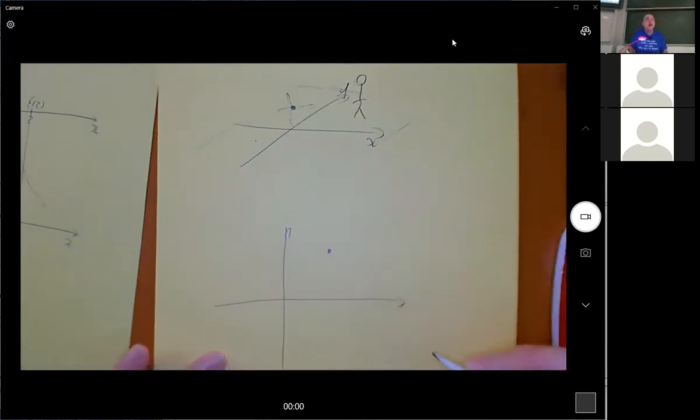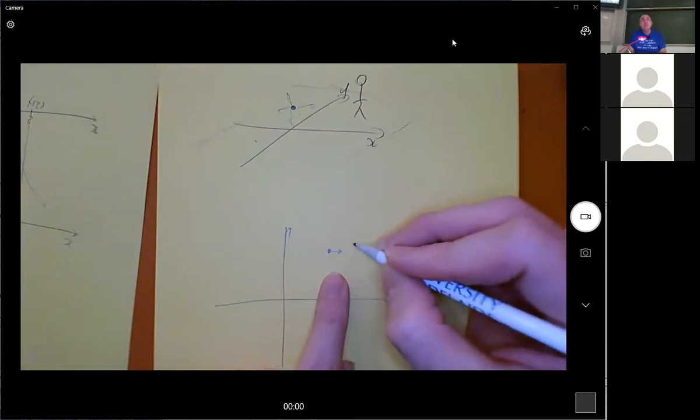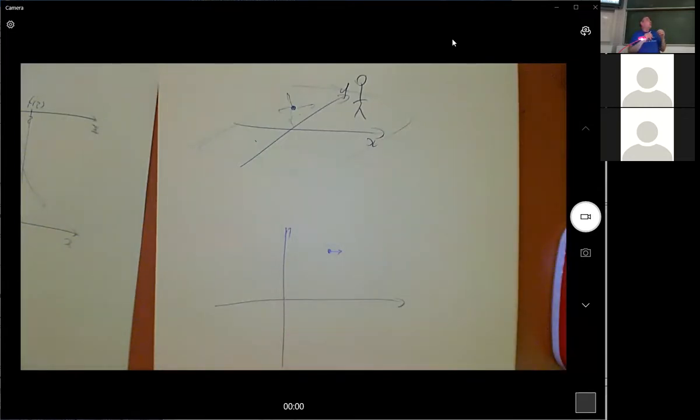If we go a little bit in this direction, then the amount that the function value changes will be a multiple of the amount that we move. Maybe it'll go up 3 times as fast as the speed at which I'm moving, or go down twice as fast, or go up half as quickly. There'll be some number that I can multiply by how far I go, and it will tell you how much the function value will change. And that will be true in every direction.